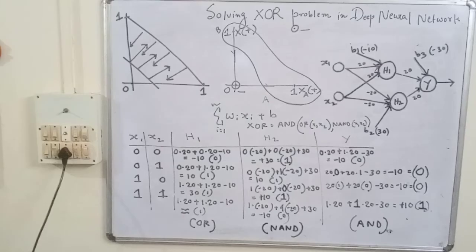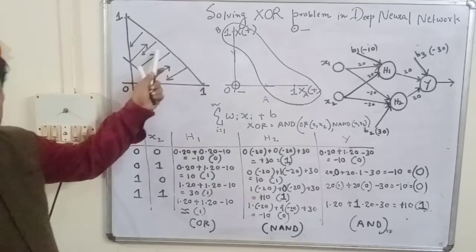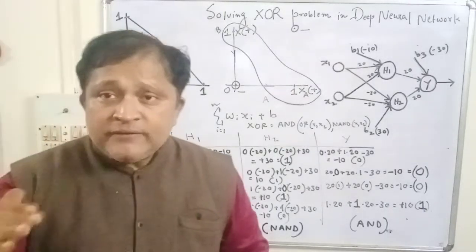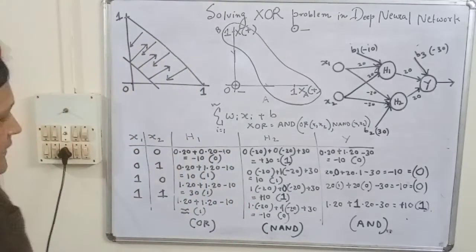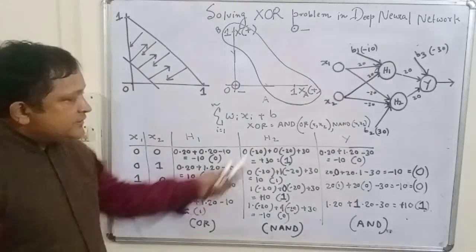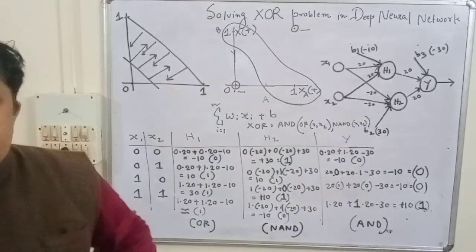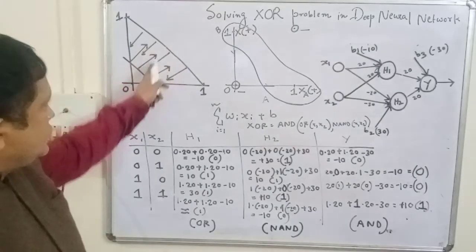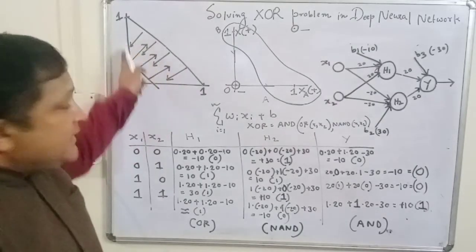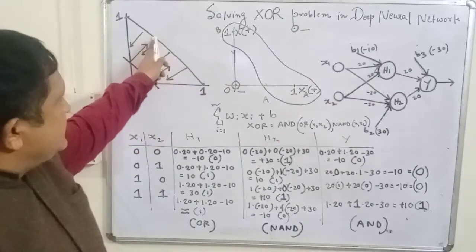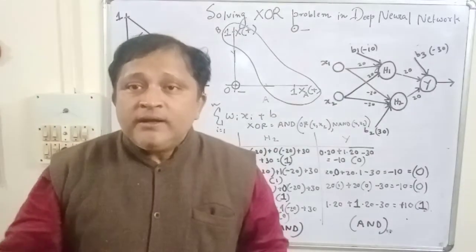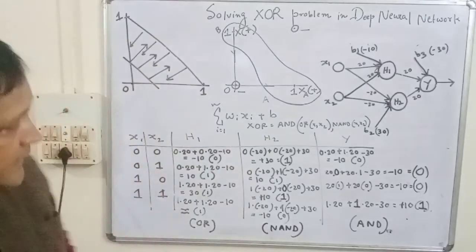So in between these two lines, these two hyperplanes, all the points represent H1 as positive and H2 as positive, or H1 and H2 both giving 1, 1 output. The intersecting area between these two hyperplanes is where H1 and H2 both give the positive output, right?